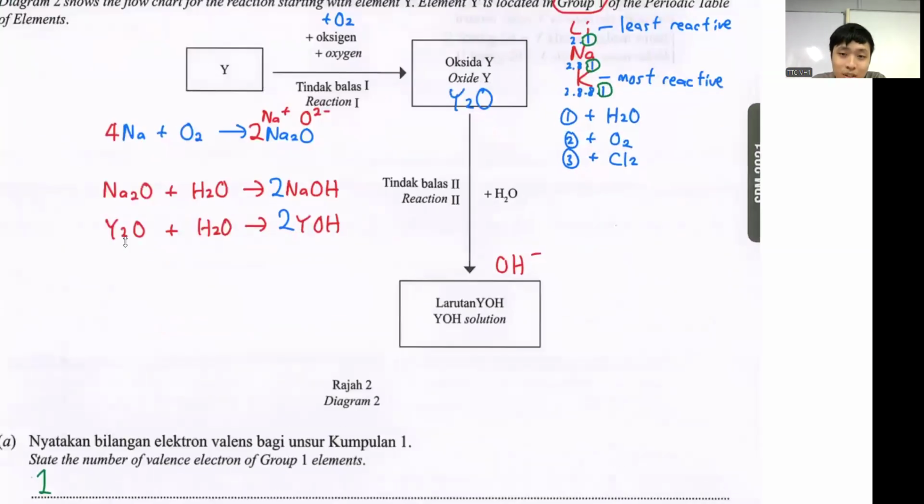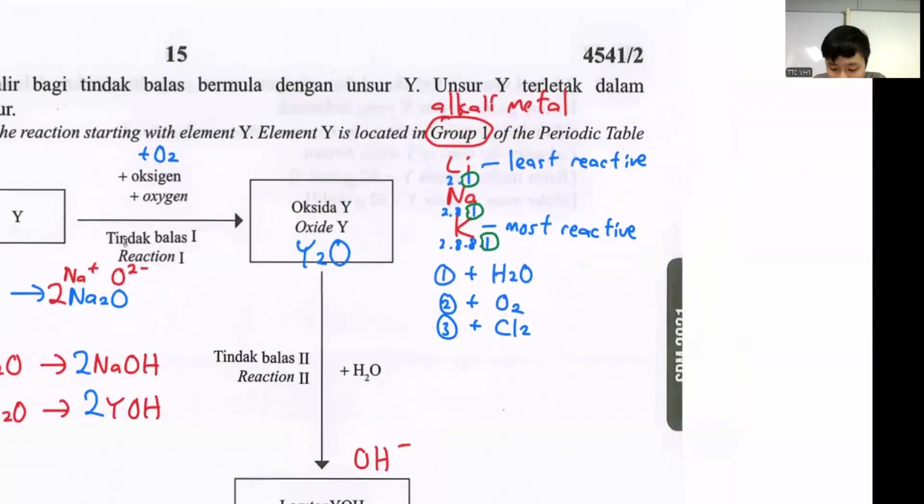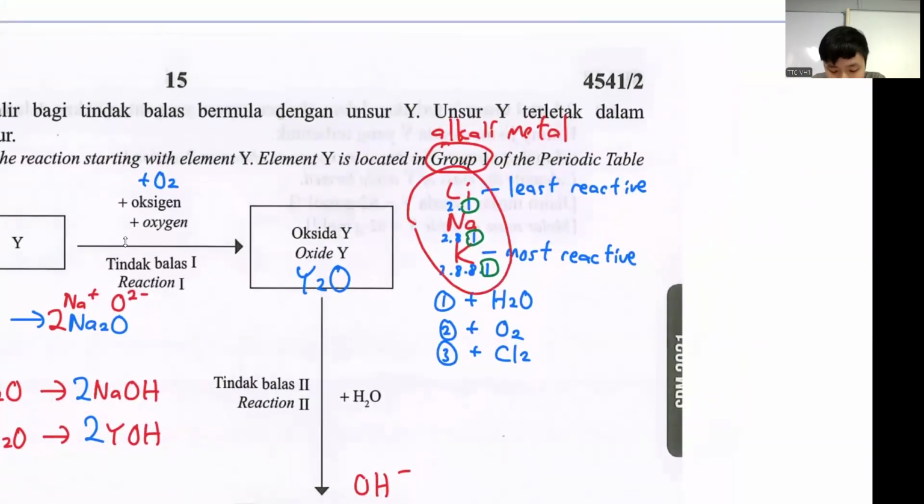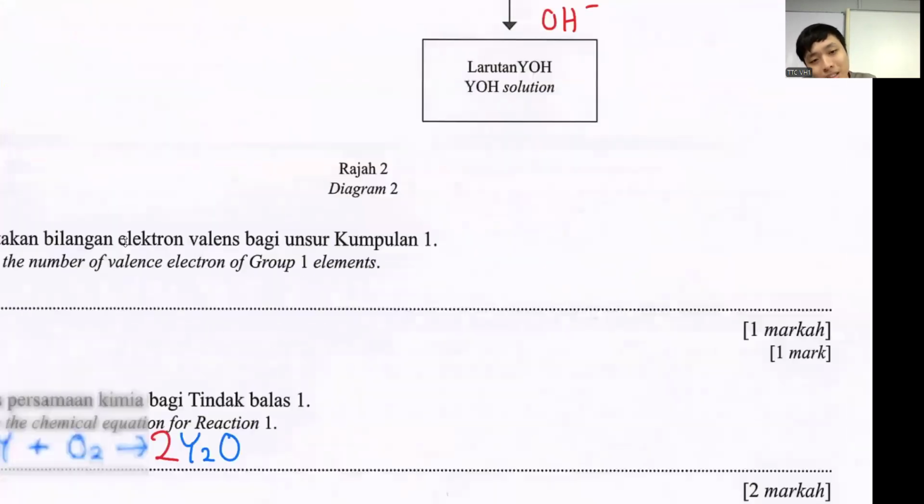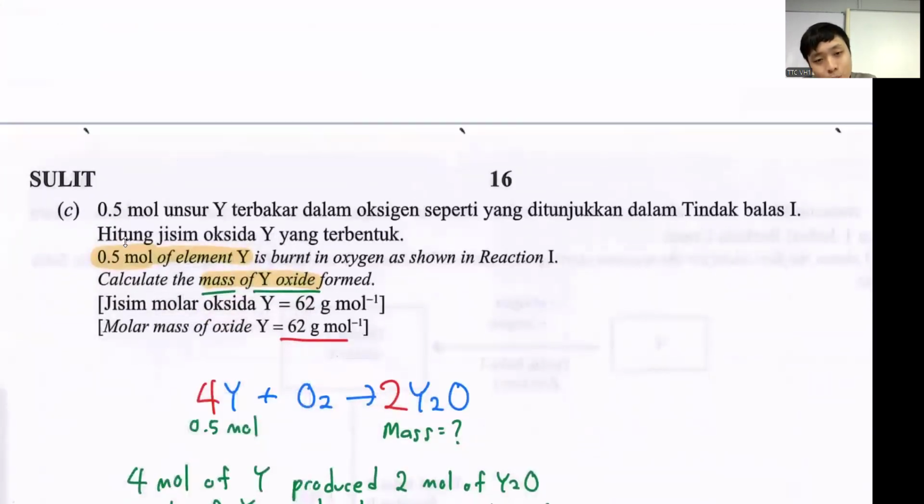And just in case you don't know, lithium, sodium, potassium are strong alkaline. Like lithium hydroxide, sodium hydroxide, potassium hydroxide: LiOH, KOH or NaOH.